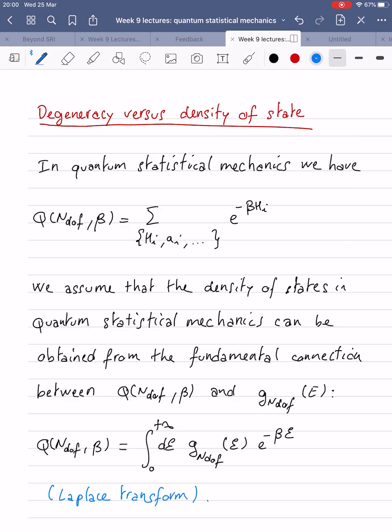Okay, so that's how I want to extract. So essentially, if I manage to put this expression here in a form like this, then I can extract what is a corresponding density of state.